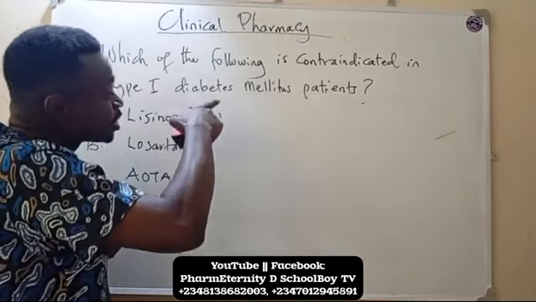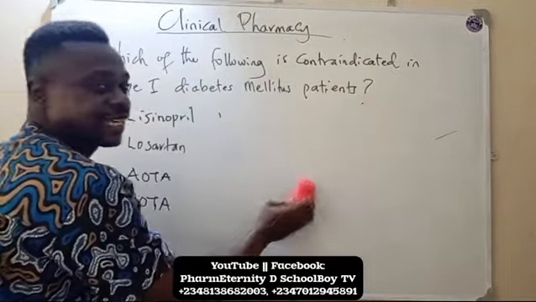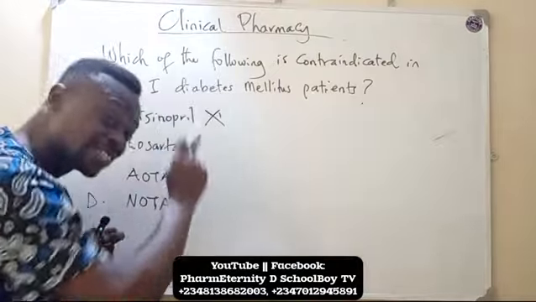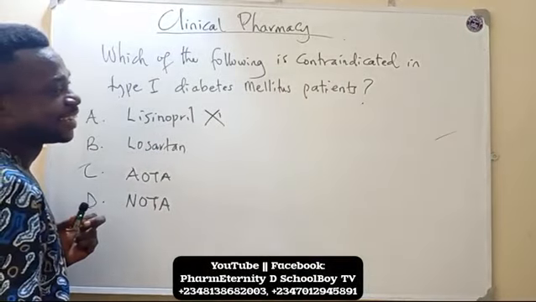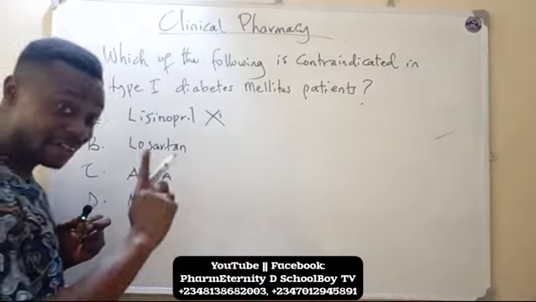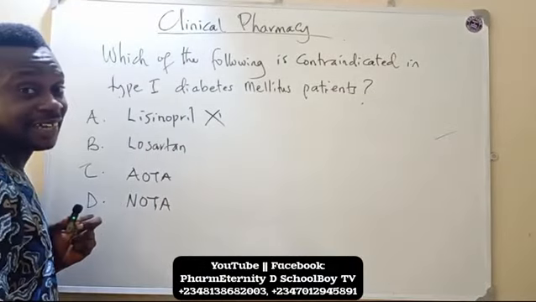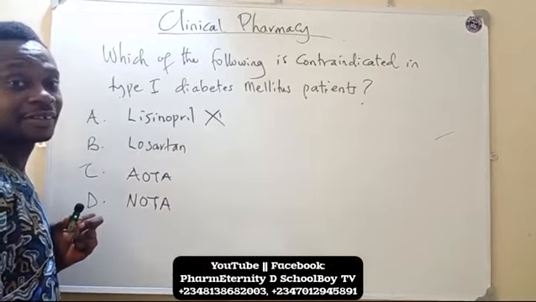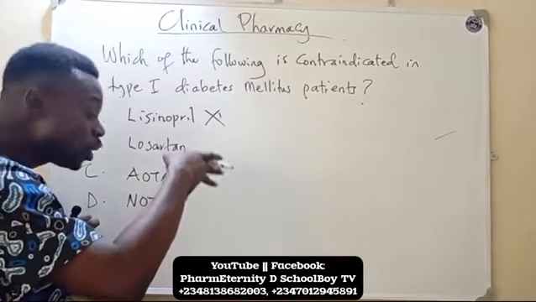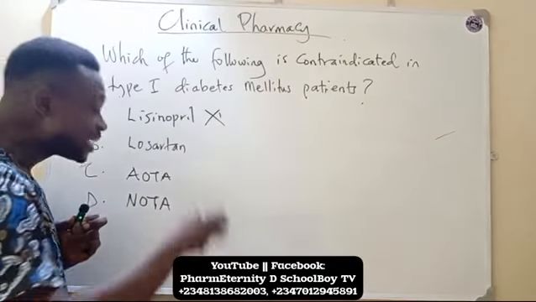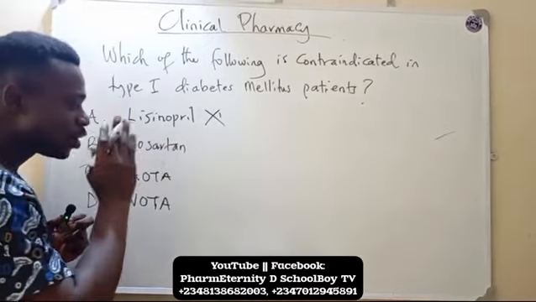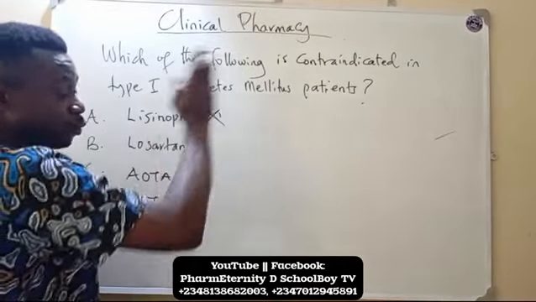But let me go back to the question. It says which of them is contraindicated. So this one is not contraindicated, so it's not the answer. It's indicated. Be careful in answering questions like this. I would have failed this. I would have ticked all of the above. You can know the answer to a question in an exam, especially OBJ, and still fail it. So be careful. Make sure you marry your options with the question.